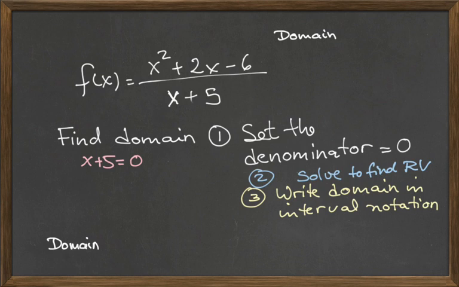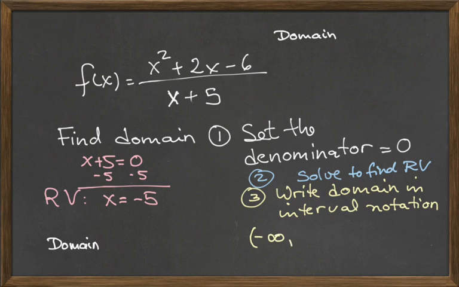The second step is to solve this equation and find the RV. So subtract 5 from both sides. x equals -5. That now is your RV. And that's all you need to find the domain. When you only have one RV, the general form is -infinity to whatever value the RV is, union RV to infinity.